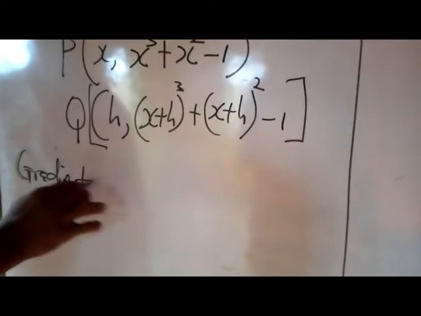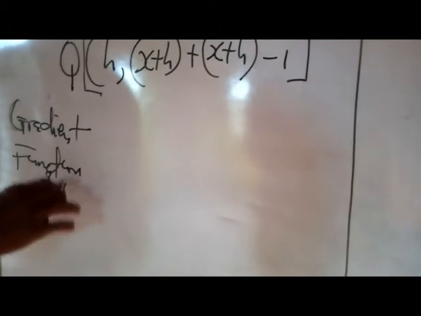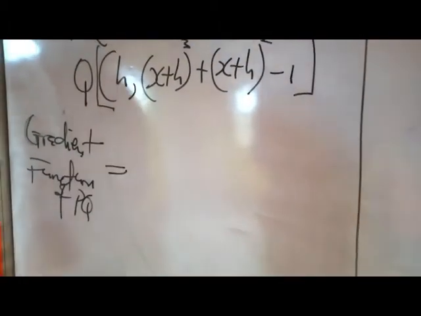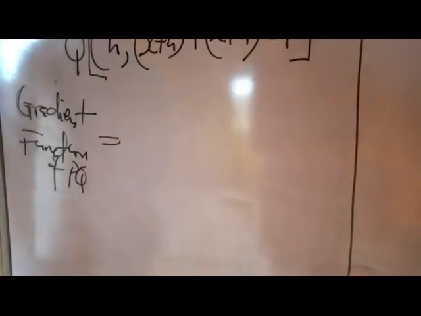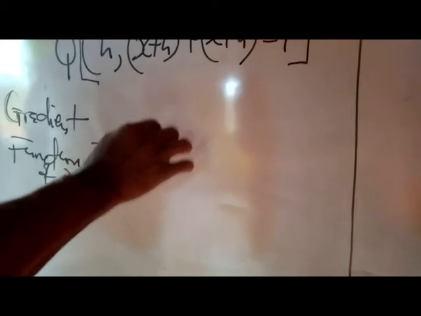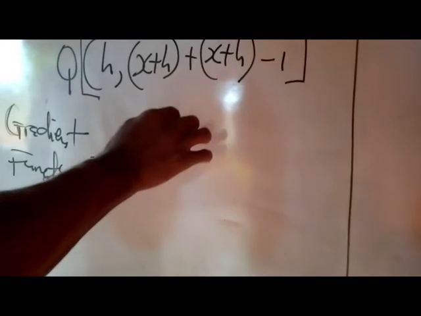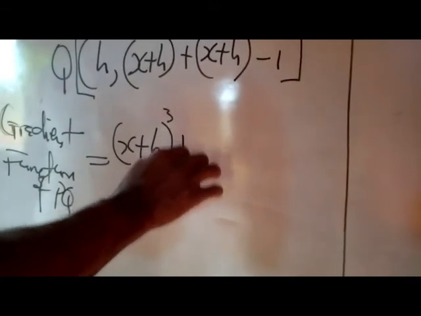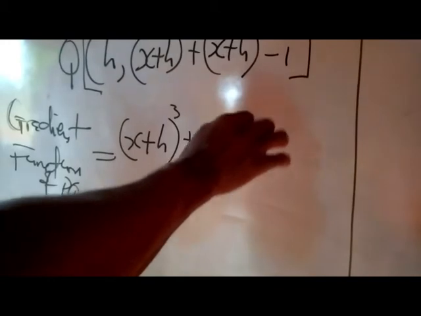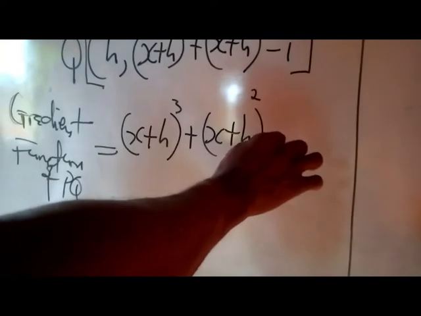Now, we are posed with the task of finding the gradient function of PQ. Gradient function now will be our coordinate of the y2, which is simply x plus h raised to power 3 plus x plus h raised to power 2 minus 1.